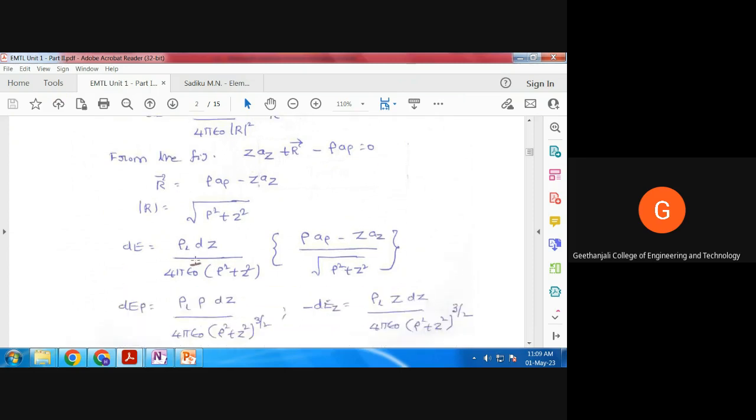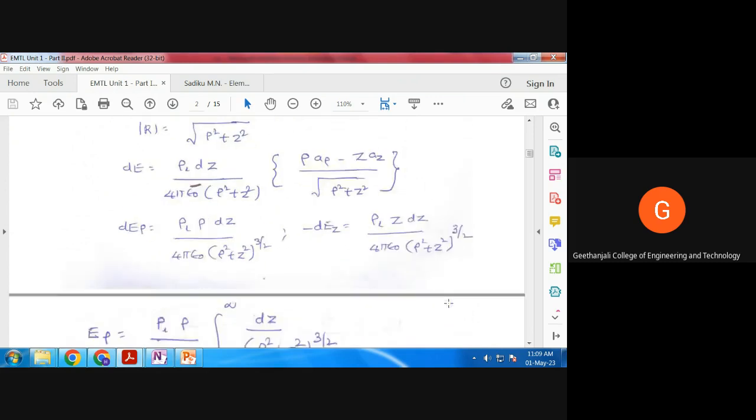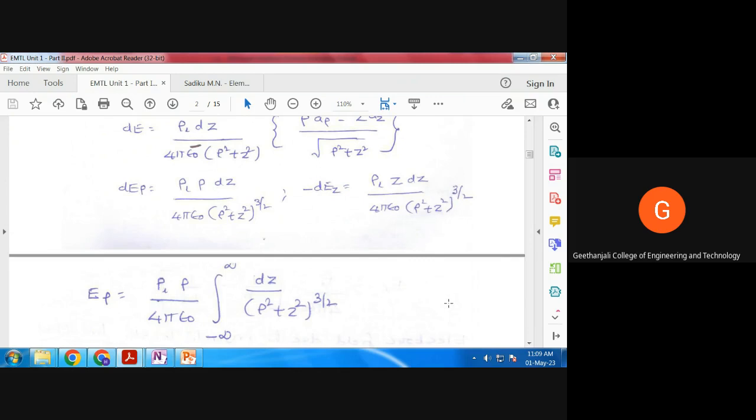So I can divide this into two components, the rho component and the minus z component. This is the rho component: rho L into rho into dz by 4 pi epsilon naught times rho square plus z square whole to the power of 3 by 2, and this is the z component. So this is the differential electric field in the rho direction due to a differential length dz.